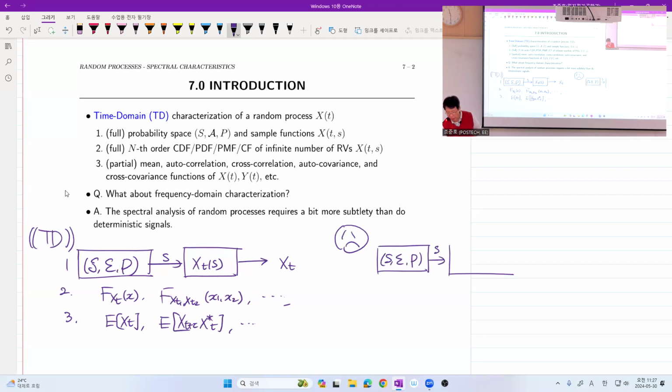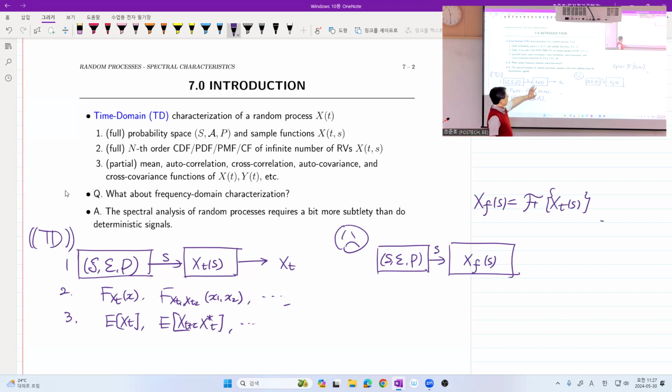Okay. Here, instead of the sample path, let me consider its Fourier transform. Let me call this the Fourier transform of X(t, s), right? So our mapping rule just had a time parameter, and here, a frequency parameter. And I believed that, okay, I'm done, I'm happy.